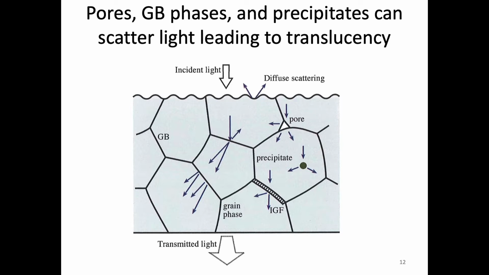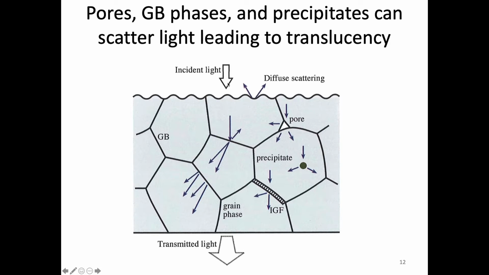Other defects can also result in translucency. Think about a gemstone, right? A gemstone is a single crystal of a material, and that's why we have that transparency with those crystals. But beyond that, grain boundaries.